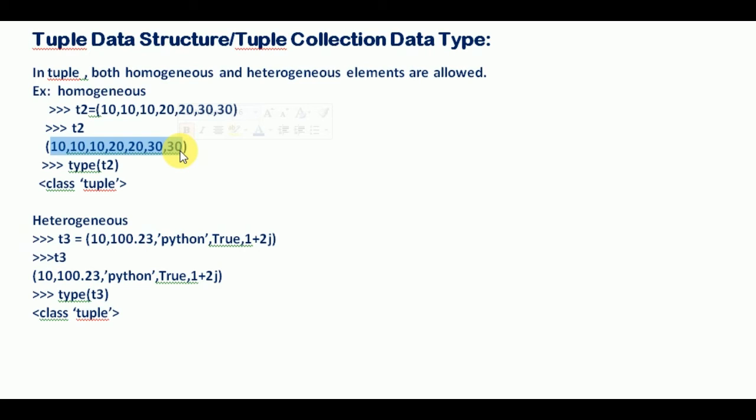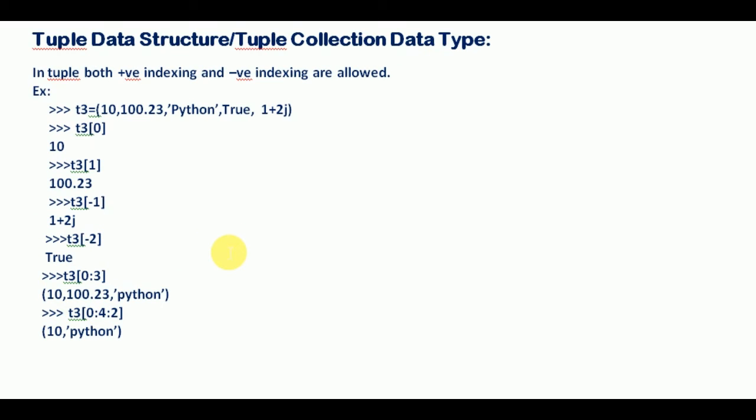If we want to insert a float value, then all the elements inside the tuple must be float. But in a heterogeneous tuple, any combination of values can be entered inside the tuple. Here we have decimal values, float values, string values, some keywords and some complex values as well. So this is heterogeneous and homogeneous.